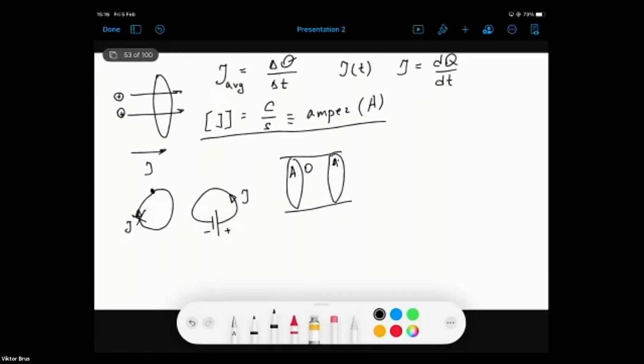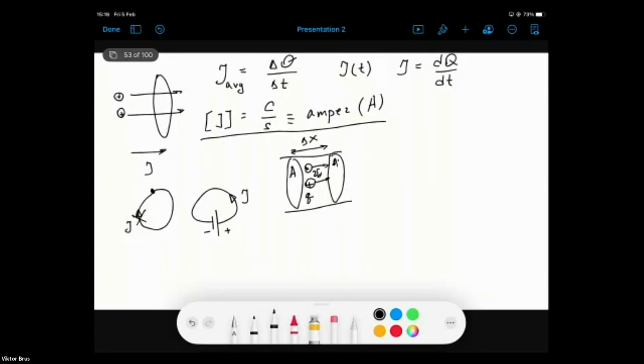We consider some charges inside this volume defined by the two cross sections, and the distance between them is delta x. The charges have quantity q, and they are moving with some velocity vd.